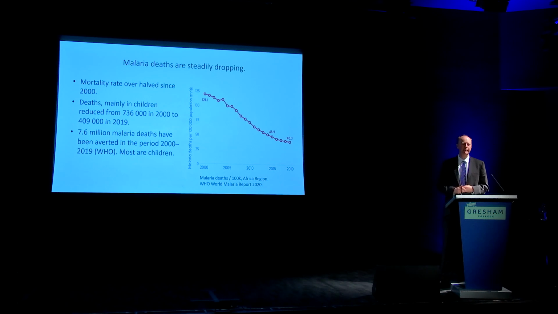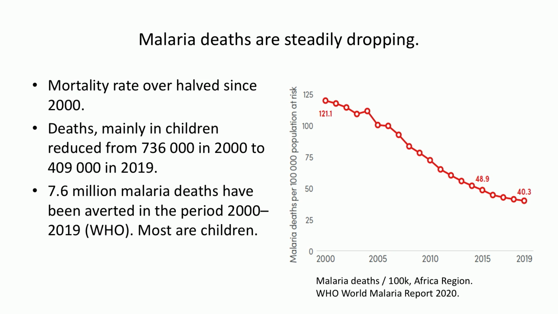led to a really remarkable reduction in malaria mortality over the last 20 years. So at the turn of the century, the mortality rate was over 700,000 deaths a year, well, children and adults, but most of them are children. By 2019, that was down to around 400,000.